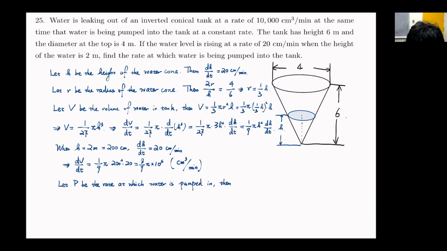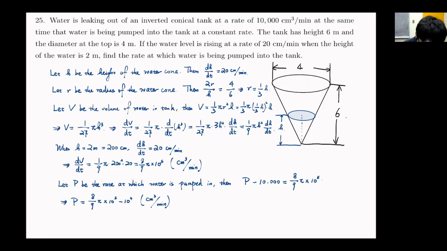Then we know that P minus 10,000, which is the rate at which water is leaking out, is going to equal 8 over 9 pi times 10 to the 5th. So this way, we see that P equals 8 over 9 pi times 10 to the 5th, minus 10,000; there will be 4 zeros over here, so we get 10 to the 4th power. And the unit will be cubic centimeters per minute.